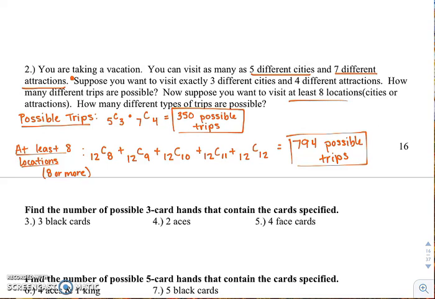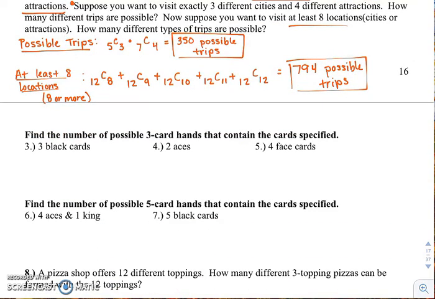So I want to do one more with you guys. Let's look at 3, 4, and 5. For 3, 4, and 5, we're looking for 3 card hands. In the second part, we're looking for 5 card hands. But for 3, 4, and 5, we just want 3 cards in our hand.